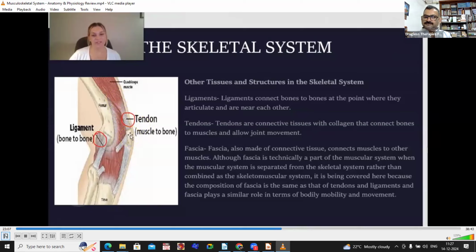And then there's something known as fascia, which is also made of connective tissue and can connect muscles to other muscles. Fascia connects one muscle to another muscle.